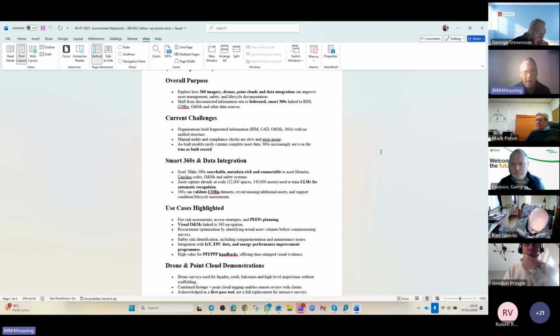Now, they've come up with what the current challenges are. Organizations hold fragmented information, BIM, CAD, O&Ms, and 360s, for example, with no unified structure. Manual audits and compliance checks are slow and error-prone.